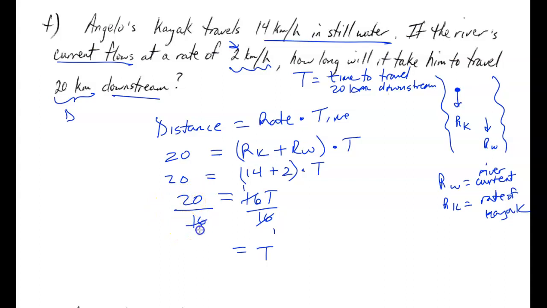So 4 goes into 16 4 times. 4 goes into 20 5 times. So we end up with 5/4. And since our time unit was in hours, we'll keep that in hours. For those of you that want to express it as a mixed number, that is 1 1/4 hours. And if you want to express it in decimal form, that is 1.25 hours.